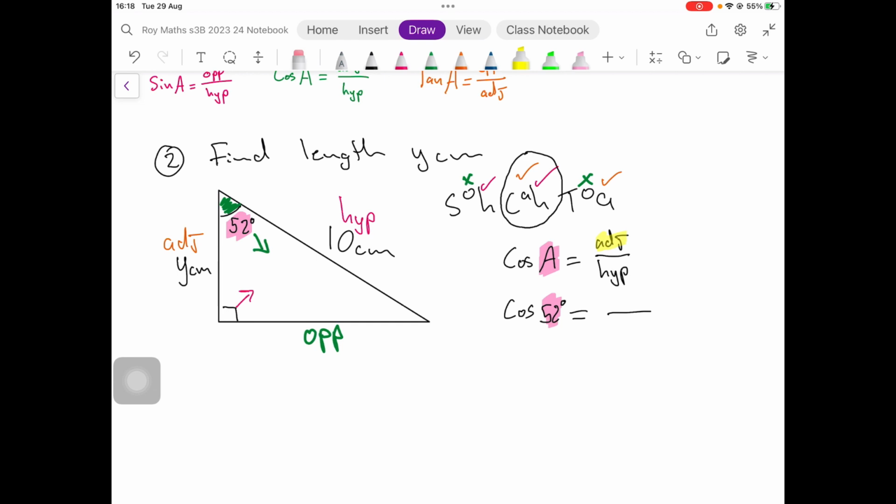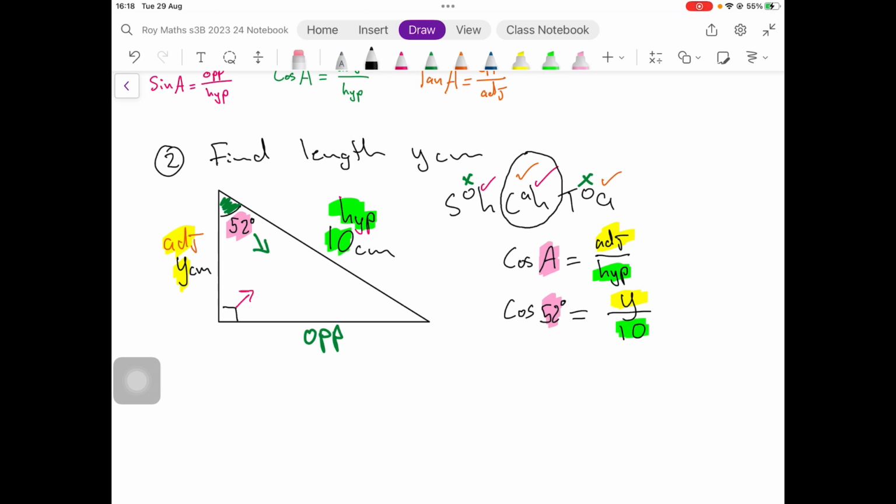On this side now, the adjacent on top, we labelled the adjacent here as Y. So we've got our value of Y on top. What about the hypotenuse on the bottom? In this question, the hypotenuse was 10. So we've now substituted in all our values.